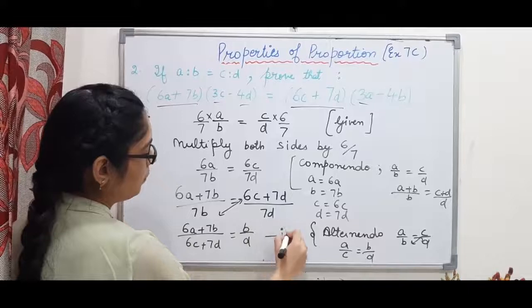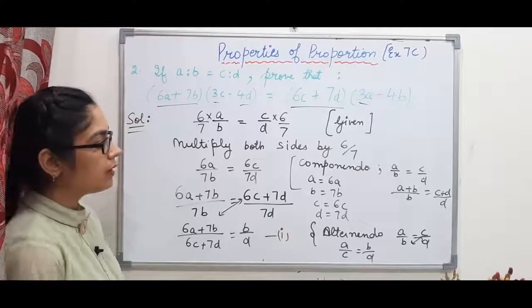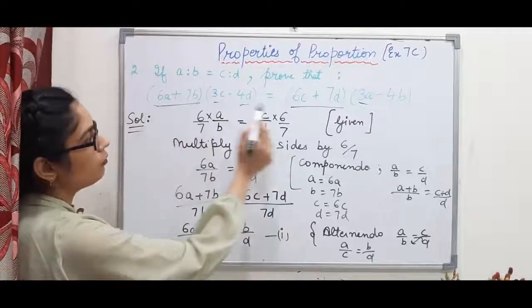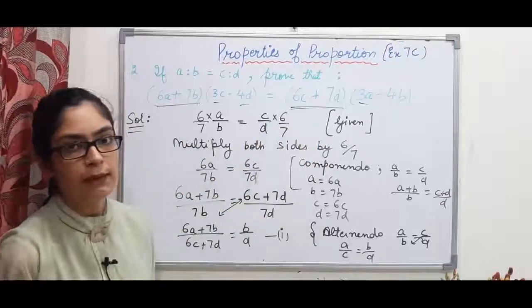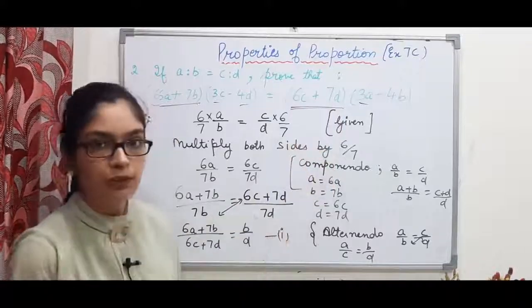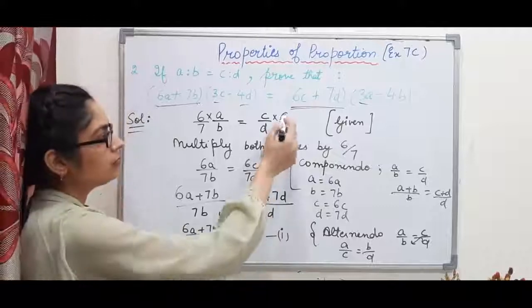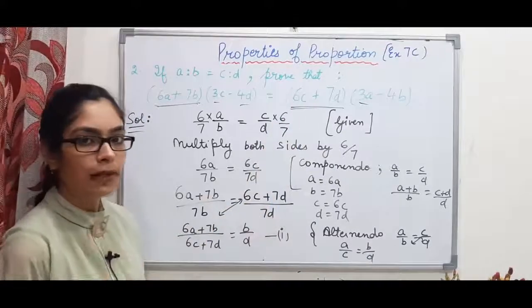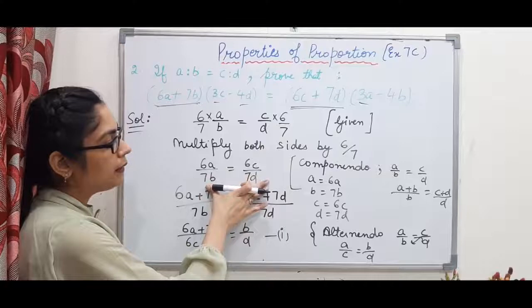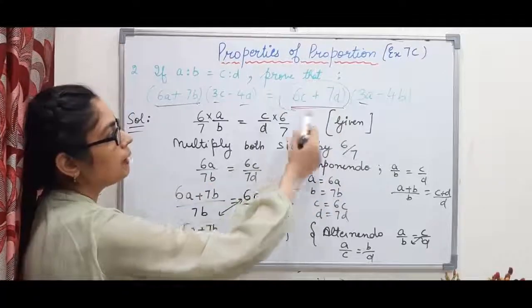Mark it as point number 1. So till here what we have done, I will just recap. First we saw by which number we have to multiply. Multiplication should be with those numbers which are together. 6 and 7, they are together. So by 6 by 7 I multiplied both sides. After multiplying I applied componendo, because these terms are in the plus form.